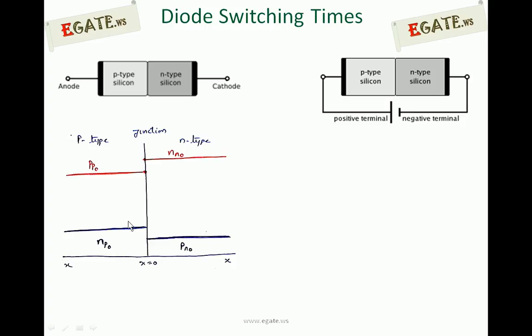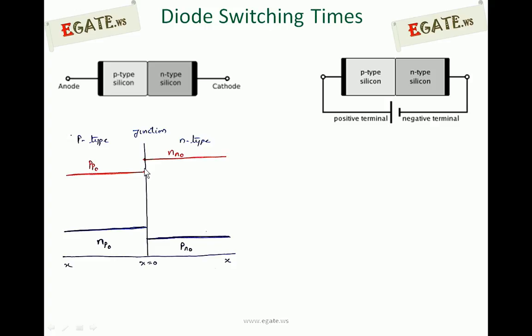Under forward bias, from this diagram we can say that the positive terminal is going to repel the holes present in p type. So holes present in p type, pp naught, are repelled by the positive terminal, so they will enter into the n side. When the holes enter the n side, they become minority carriers.